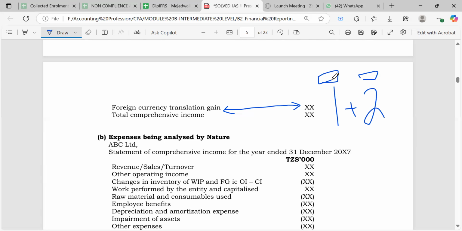No transaction is taking place. But if company A wants to buy goods from company B, and the date of buying and the date of paying are different, the currency could differ, and they get the foreign exchange gain or loss. That one goes to profit or loss. That is an actual transaction. This one isn't a transaction; it is just a conversion.